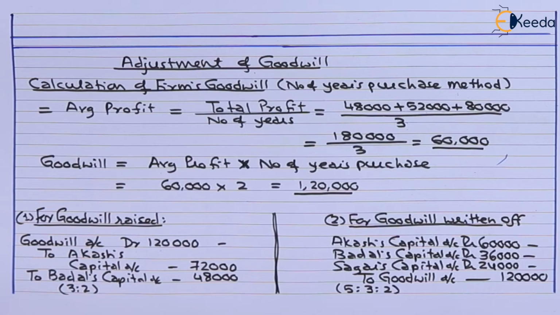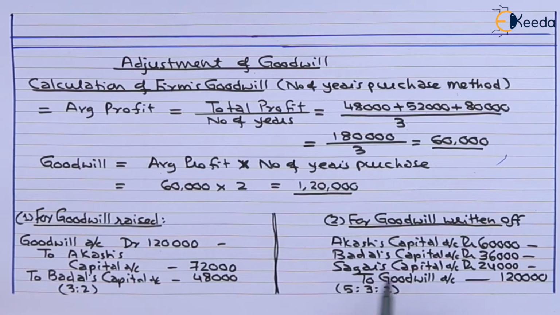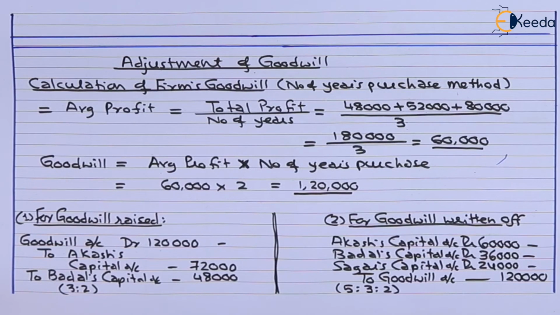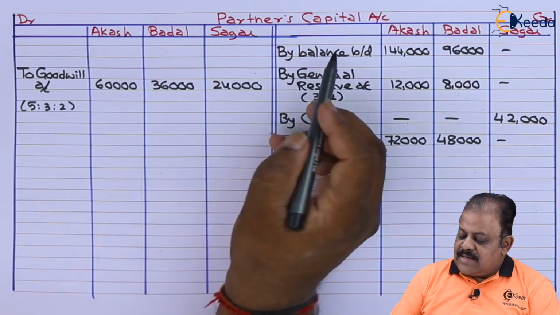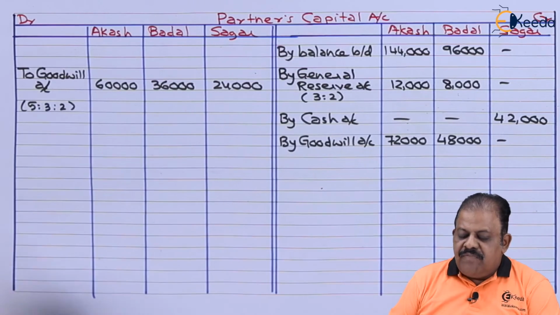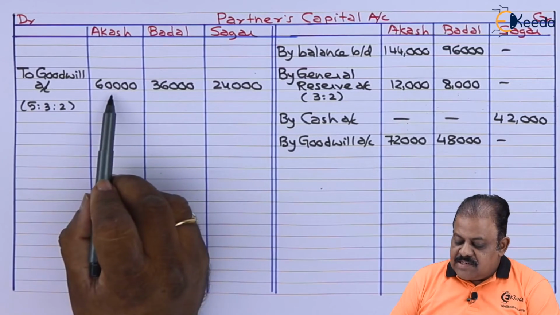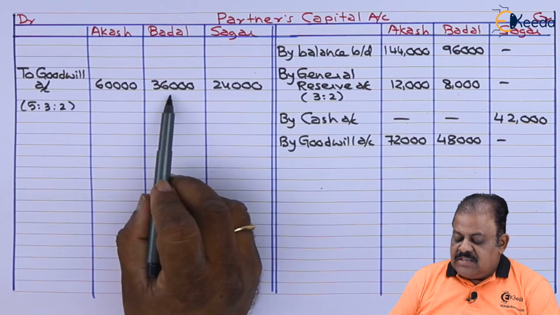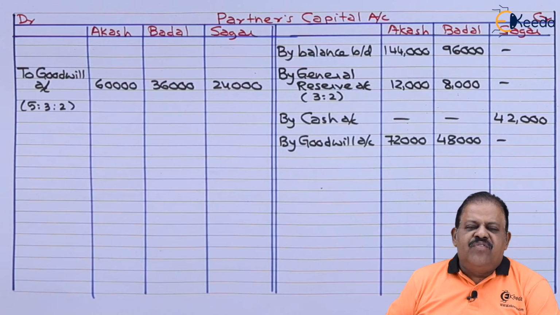Next step will be for writing off goodwill. Entries for goodwill written off: all partners' capital accounts debit to goodwill account. This will be posted to the debit of all partners. Partners' capital account debit to goodwill: Akash 60,000, Badal 36,000, Sagar 24,000.